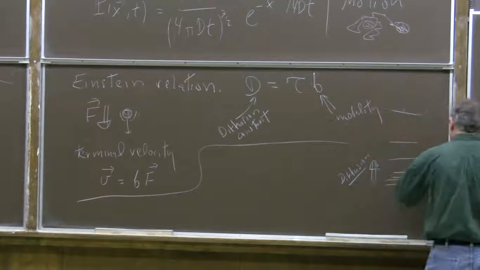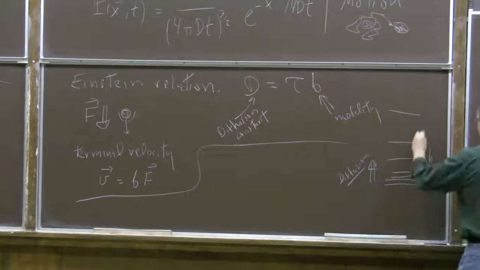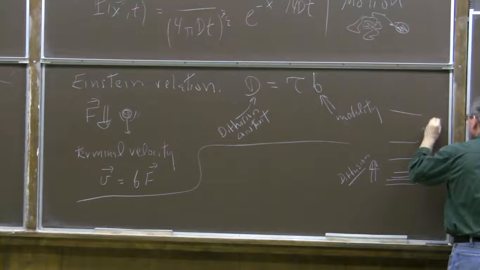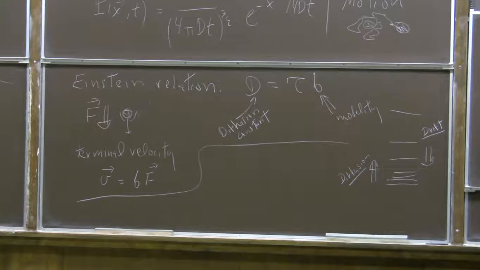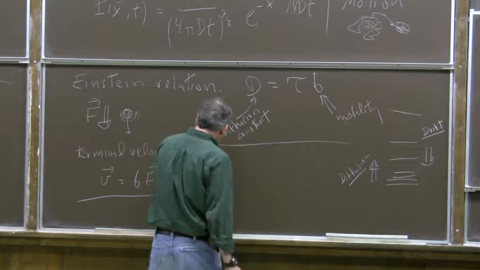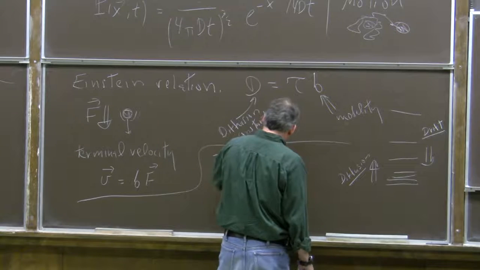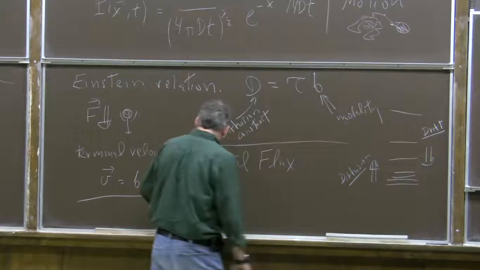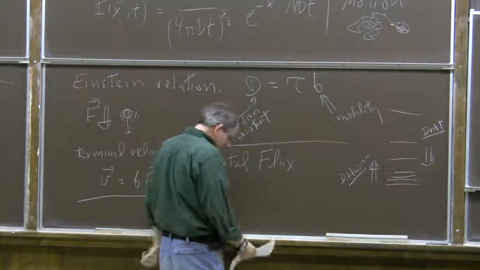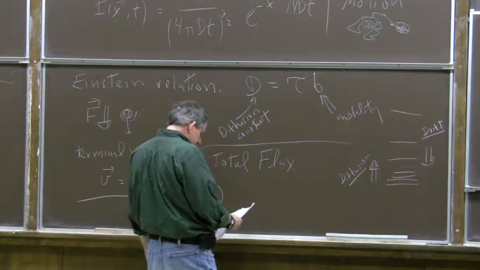And in the steady state, that will be exactly opposed by the drift of the particles, their terminal motion, in which the dissipation matches the applied force. So when the total flux in the steady state is equal to 0, there are two contributions to that flux.